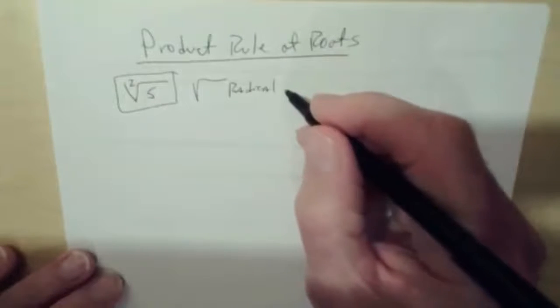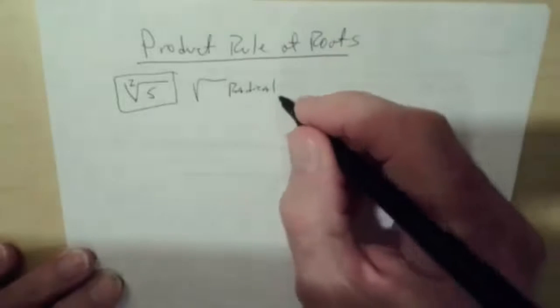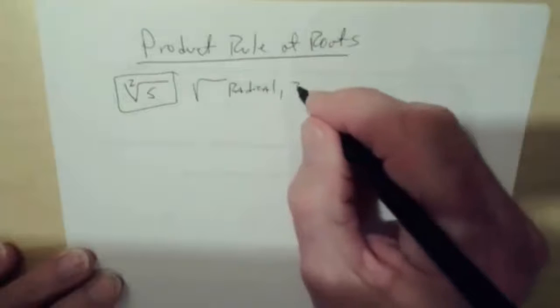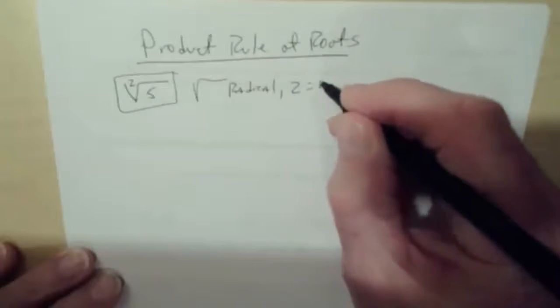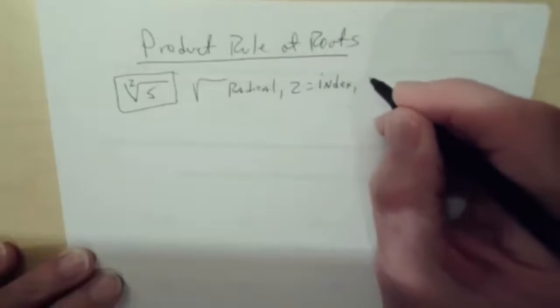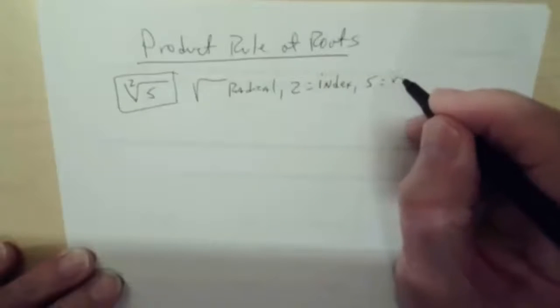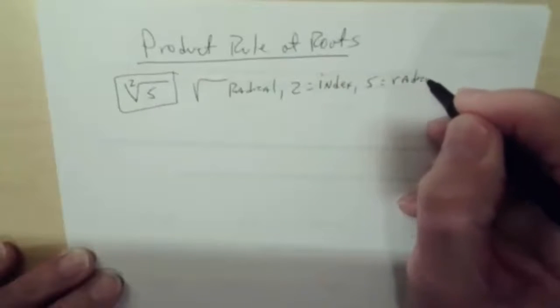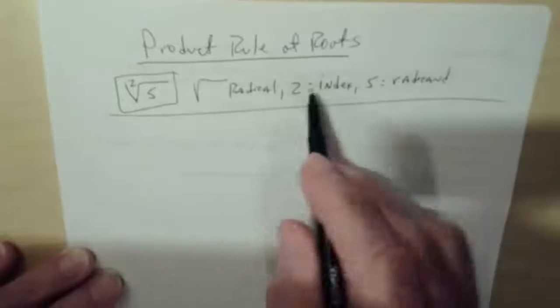The 2 is called the index. And the 5 is called the radicand. Not super whiz-bang important, but we are going to use these words.